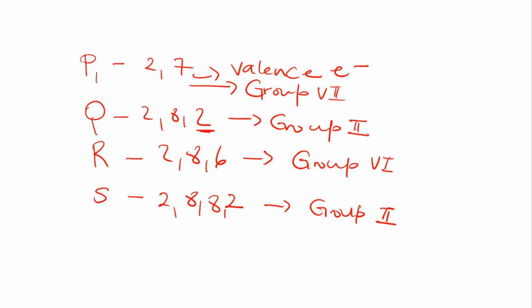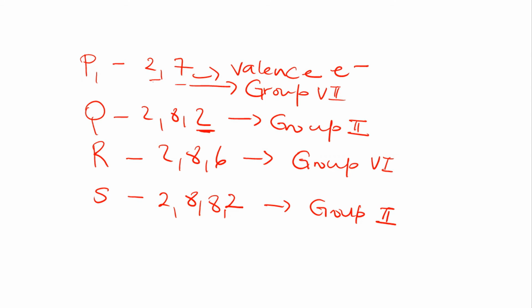So what about periods now? We discussed that the number of occupied electron shells represents the period in which the element is located. The electronic configuration is the arrangement of electrons in the shells of an atom. So if it has two numbers in the electronic configuration, it has two occupied shells. Therefore, it is in period 2. I hope we are seeing the link here.